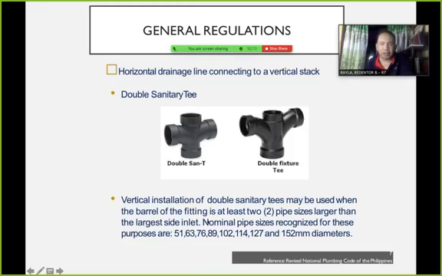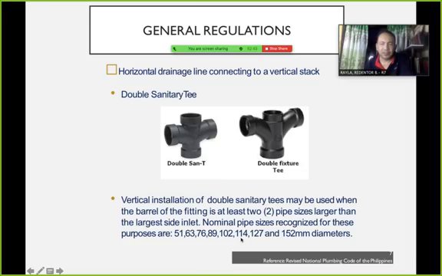Vertical installation of double sanitaries may be used when the barrel of the fitting is at least two pipe sizes larger than the largest side inlet. Nominal pipe sizes recognized for this purpose are 51 mm. What is 51 mm in inches? 2 inches. 63 is 2 and a half, 76 is 3 inches, 89 is 3 and a half. 102 is 4 inches.